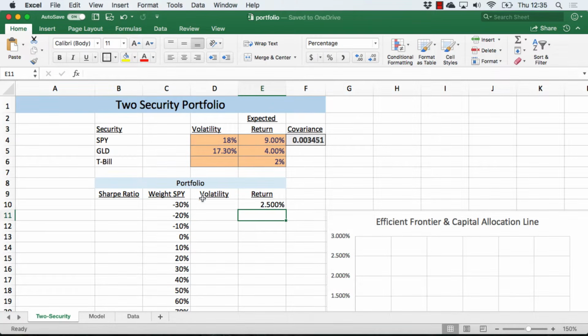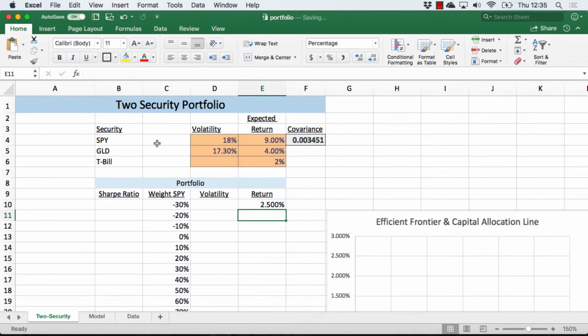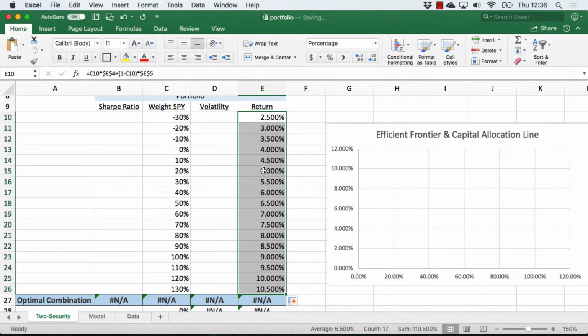Okay, so when we're short 30% S&P 500, our expected return is 2.5%. Okay, I'm just going to get back in that formula and absolute reference the expected return so I can copy it down. Okay, so we see expected returns all along that continuum of investment weights.